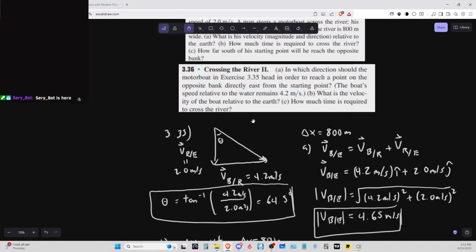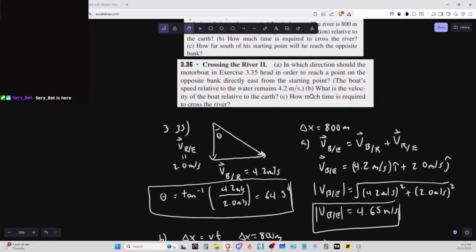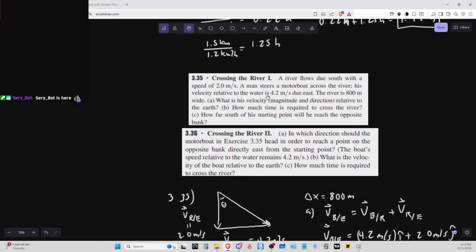Now how much time is required to cross the river? Did we do that question already? Oh, what is the velocity of the boat relative to the Earth? Oh no, that's the other question. How much time is required to cross the river? How far south of his starting point will he reach the opposite bank?